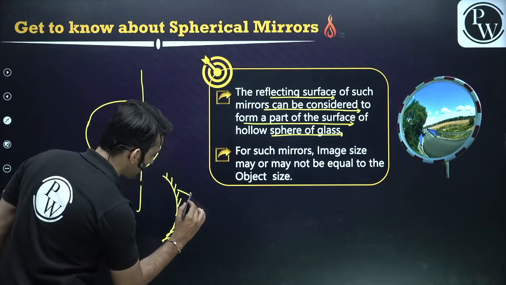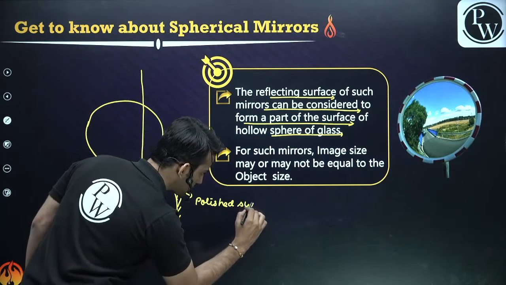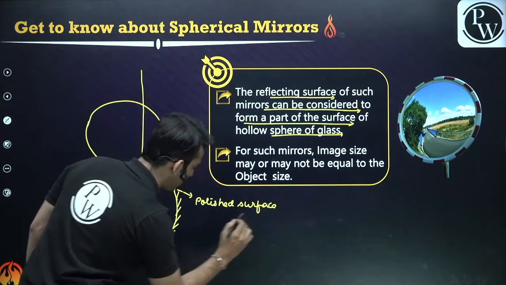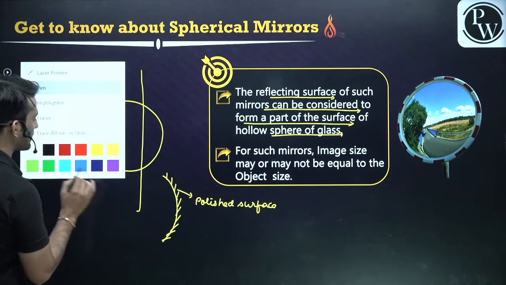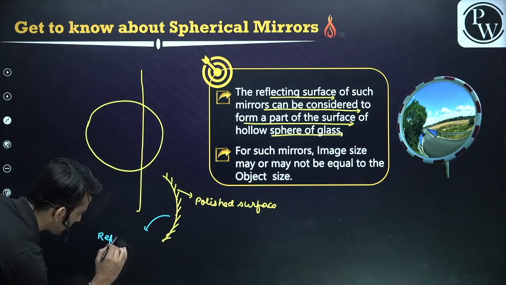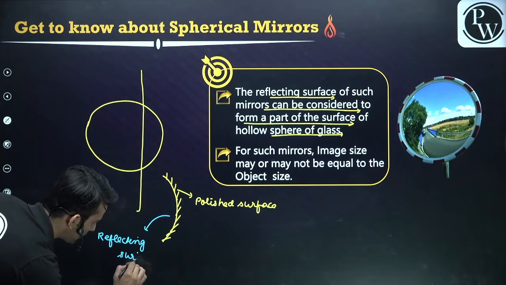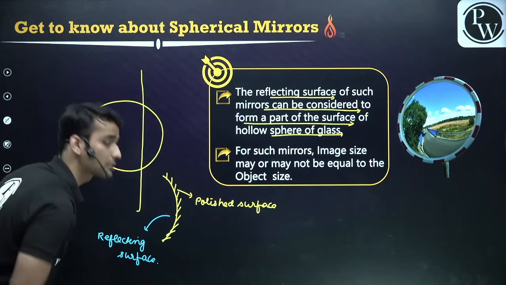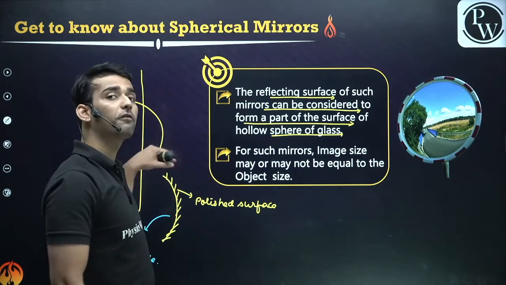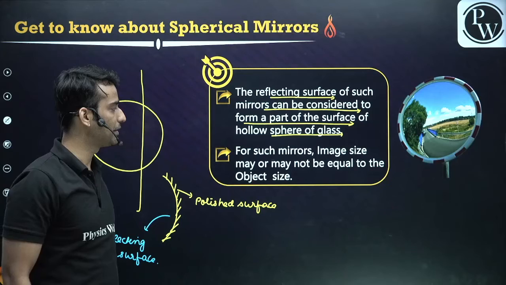This is the polished surface, so this will be the reflecting surface, guys. Can you see it? Such mirrors are called spherical mirrors. They are formed from a sphere, a part of a glass sphere which you paint.